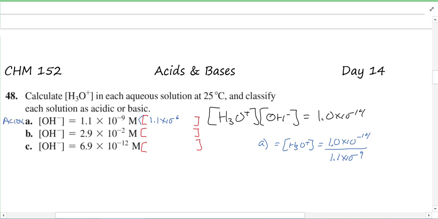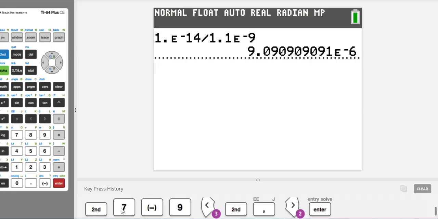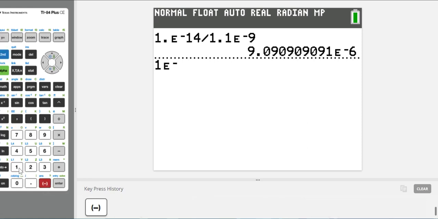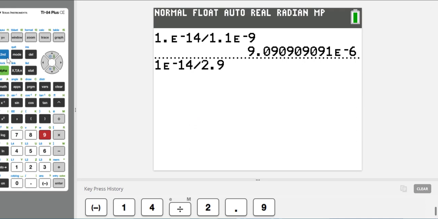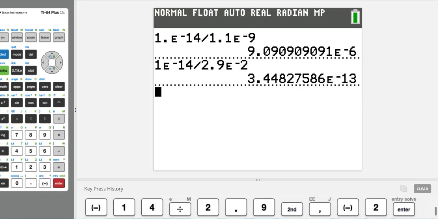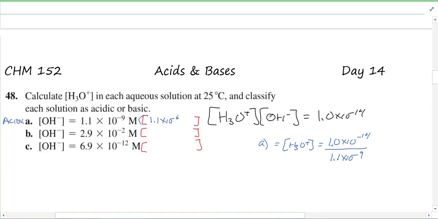We're going to do the same thing for B, which is 2.9 times 10 to the negative 2. 1 times 10 to the negative 14 divided by 2.9 times 10 to the negative 2. 3.4 times 10 to the negative 13th. Well, that means hydroxide is much, much bigger, so B is basic.